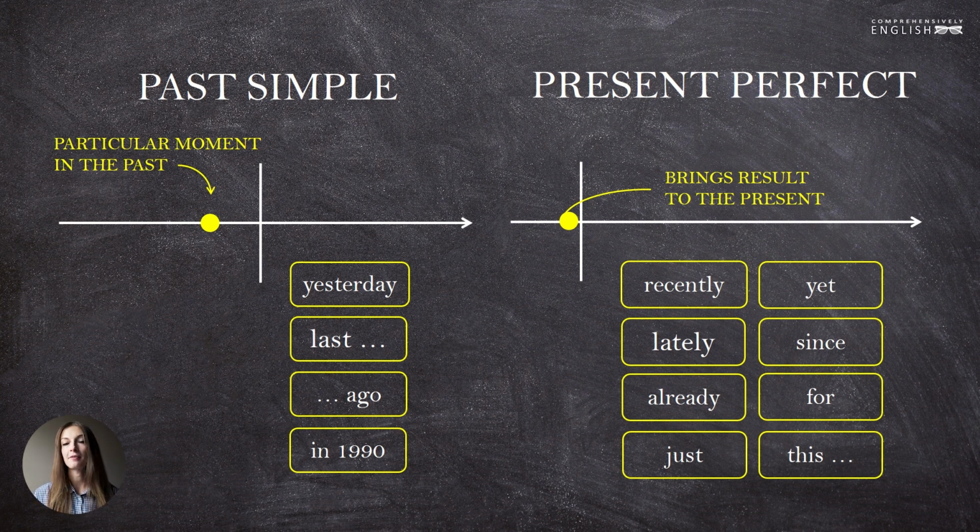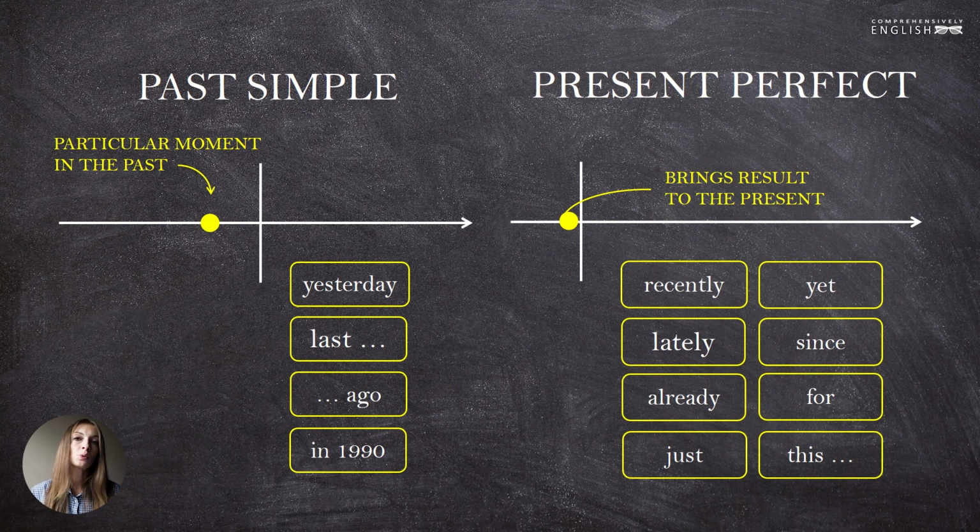Looking at these two graphs, we see that when we speak about the past simple tense, we speak about a particular moment in the past. And this is where our action happened yesterday, last month, 5 years ago, or in 1990. When we speak about the present perfect, we speak about something that happened in the past, but has brought some results to the present.